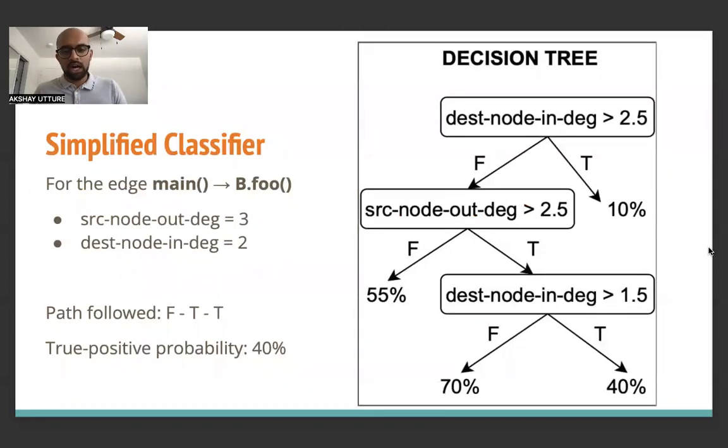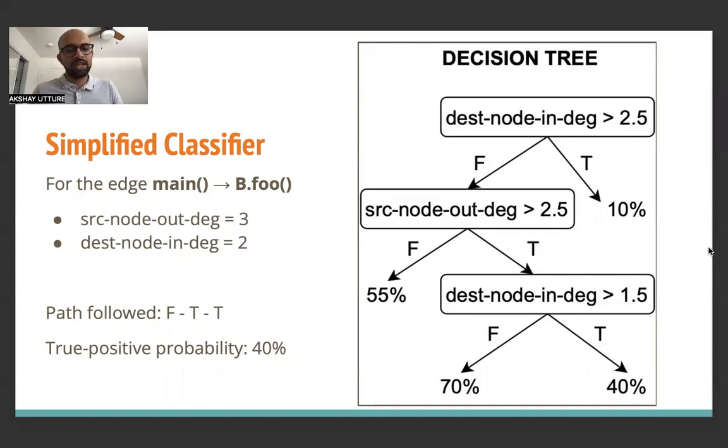Recall that our solution using a call graph pruner uses a component called the classifier. In this case, we're going to use a simplified classifier, which is a decision tree, but our actual implementation has a more complex classifier, which is the random forest, an ensemble of decision trees.